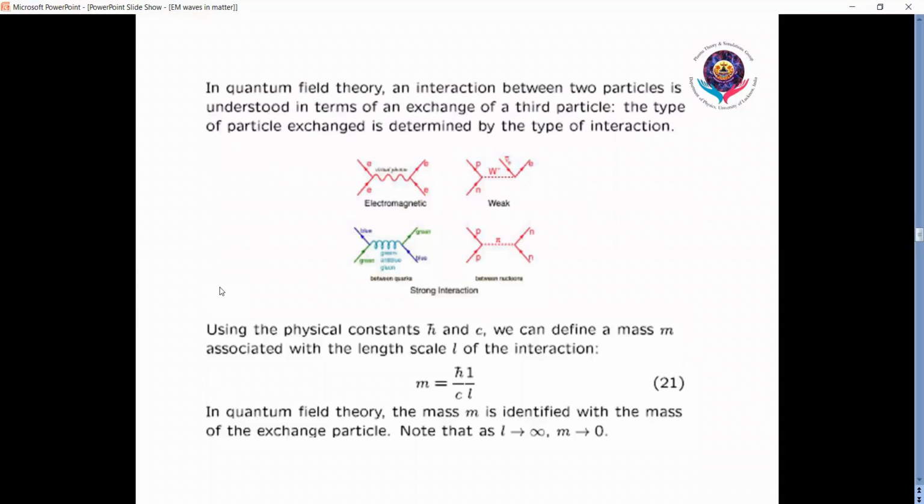So in quantum field theory, the force or interaction between two particles is understood in terms of the exchange of a third particle. Like there is interaction between two particles, so they will interact through a third particle. Either a particle will be created or it will be annihilated.